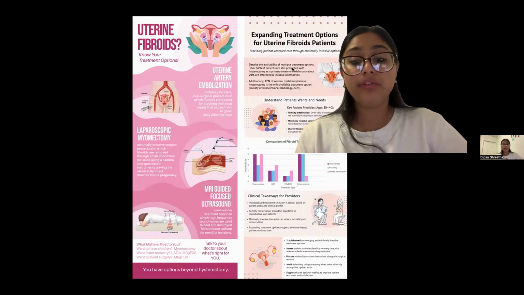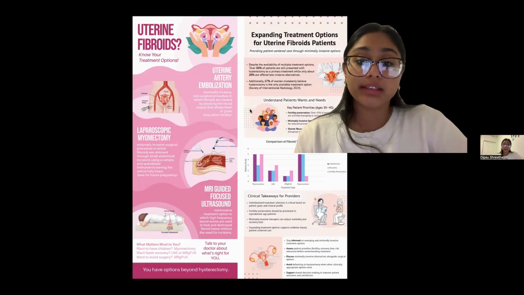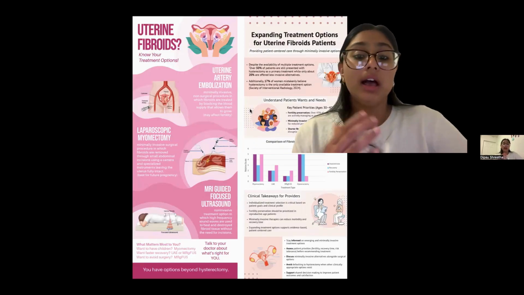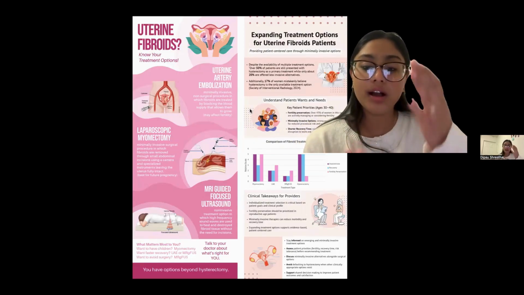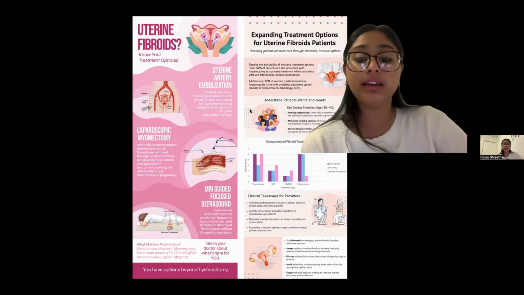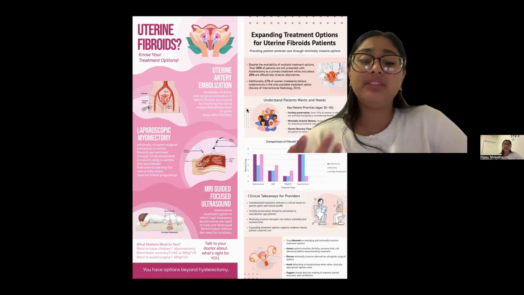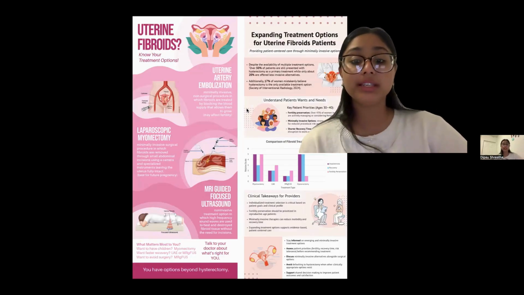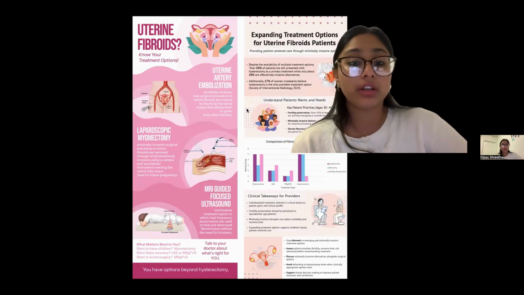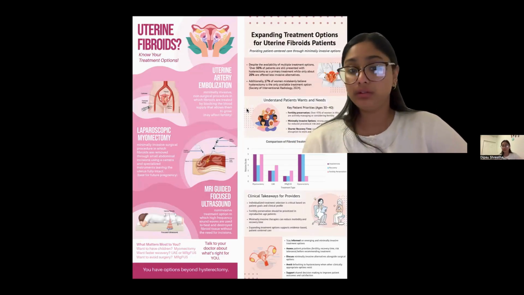And the infographic on my right is intended for healthcare providers such as OBGYNs or clinical decision makers. These audiences are related because they're both involved in the treatment decision-making process of a patient who has been diagnosed with uterine fibroids.